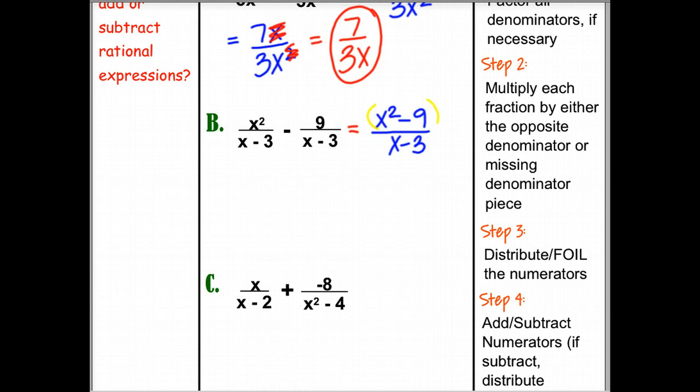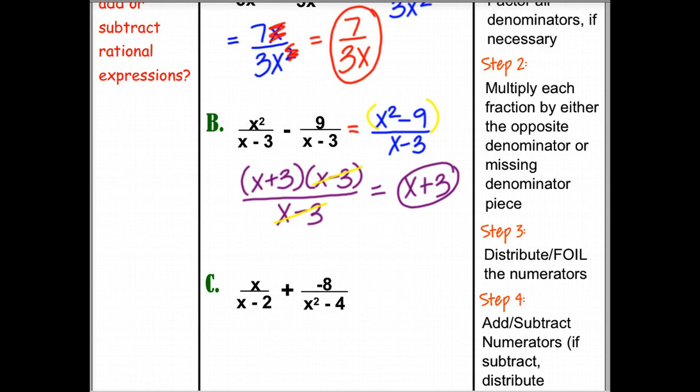It's a difference of squares, which gives me x plus 3 times x minus 3, and this is over x minus 3. I can then cancel the x minus 3's, which leaves me with the final answer of x plus 3.